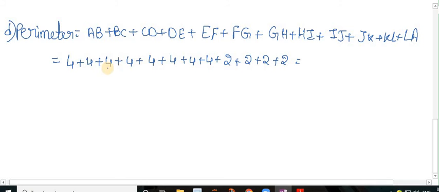So 8 plus 4 12, 12 plus 4 16, 16 plus 4 20, 20 plus 4 24, 24 plus 4 28, 28 plus 4 32, 32 plus 2 34, 34 plus 2 36, 36 plus 2 38, 38 plus 2 40, 40 centimeters.